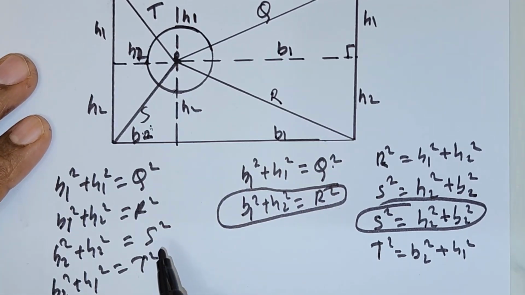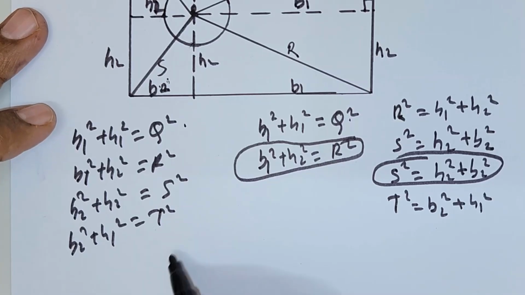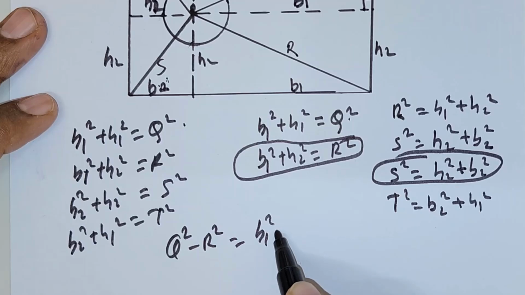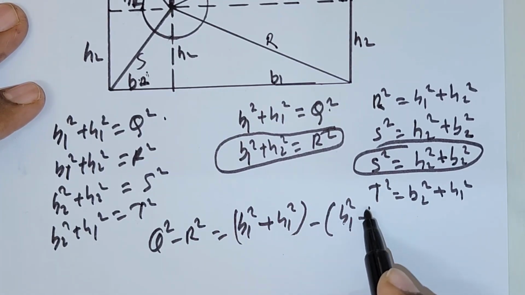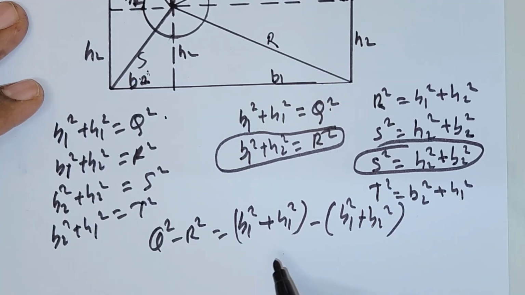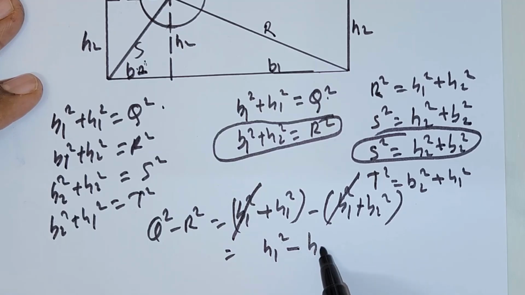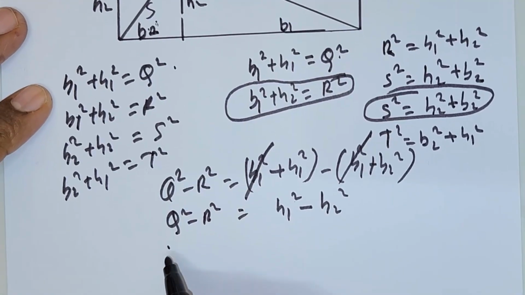What I'm going to do is eliminate the parameters. If I were to consider q squared minus r squared, then b1 squared plus h1 squared minus b1 squared plus h2 squared. So b1 squared goes off. I get h1 squared minus h2 squared is q squared minus r squared.